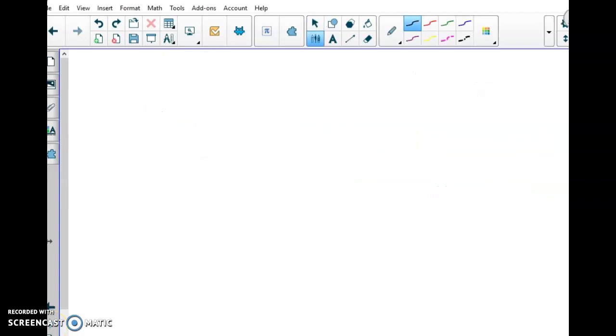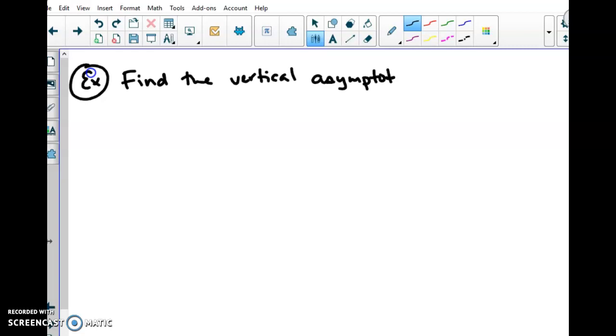Looking at this first one, we're just going to look at finding the vertical asymptotes. Let's say that we have 4x plus 1 over 3x squared plus 14x plus 8.